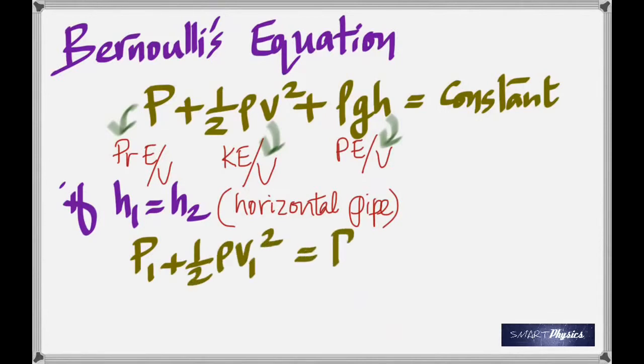Whenever you're asked to do problems, you will only have to do this. So for you in all problems, potential energy will be the same. That is the equation that you have to know.